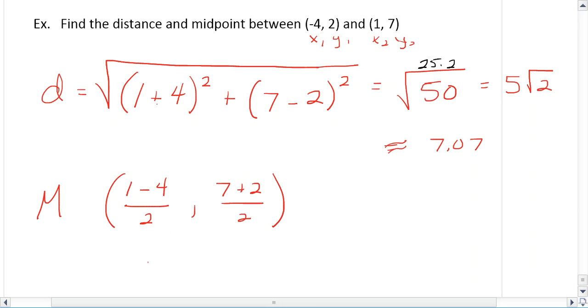And evaluating this, we have -3/2 and 9/2. So that is the location of the midpoint between these 2 points.